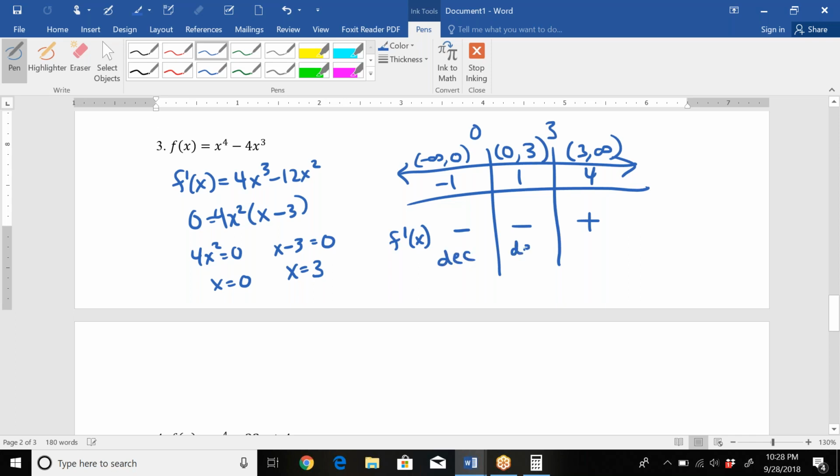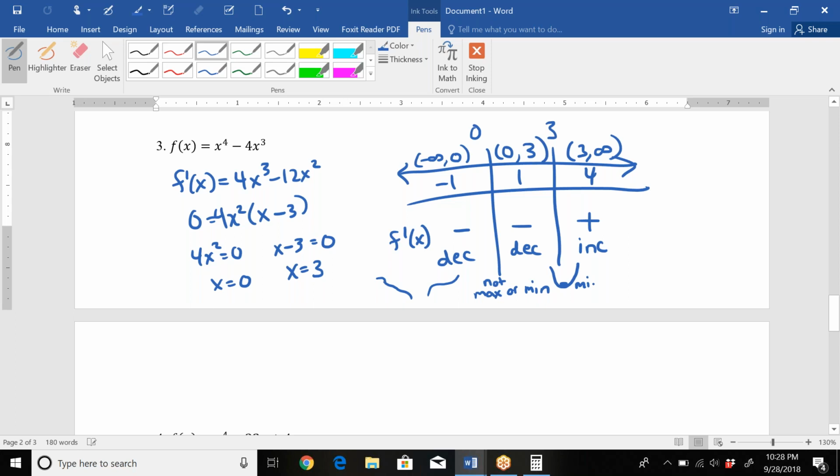Now this is the first time we've had one on our charts where we have two things back to back that are the same. That means that this value is not a max or min. It's going to be one of those points where you just kind of flatline, but you keep increasing. But for us, it's actually decreasing, so it's more like that, okay? But this one, it goes decreasing to increasing.